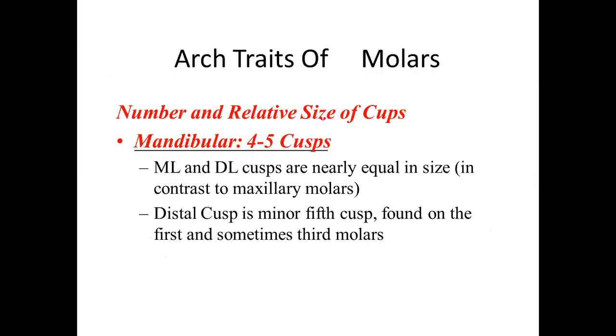When we see the number and size of cusps in mandibular molars, they also have 4 to 5 cusps, but here we have mesiobuccal, mesiolingual, distobuccal, distolingual, and the fifth cusp is the distal cusp, which is a minor cusp.